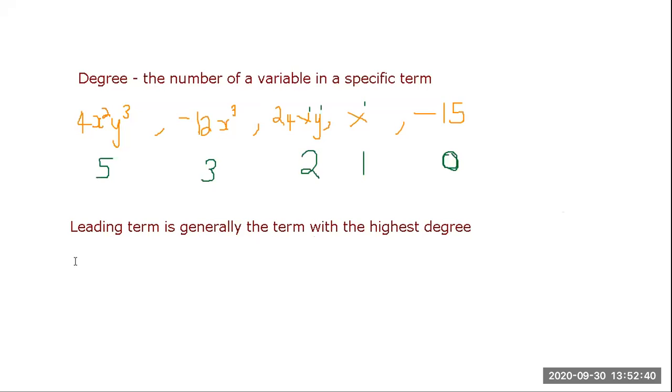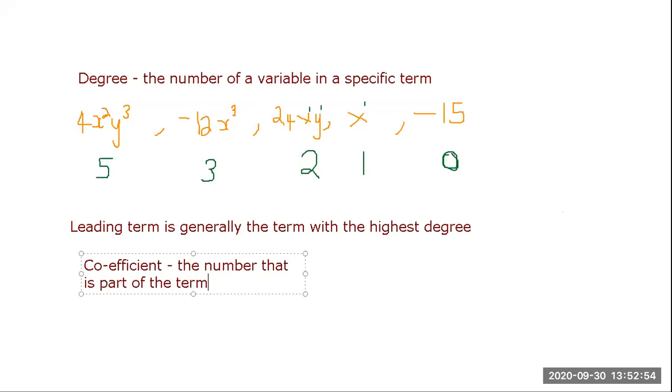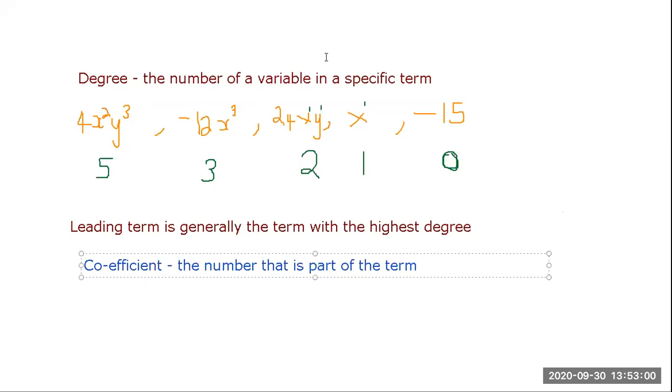Coefficient normally talks about the number that is part of the term. So I'm going to go up here and circle the coefficients. 4 is a coefficient. It's the number that's part of the term.